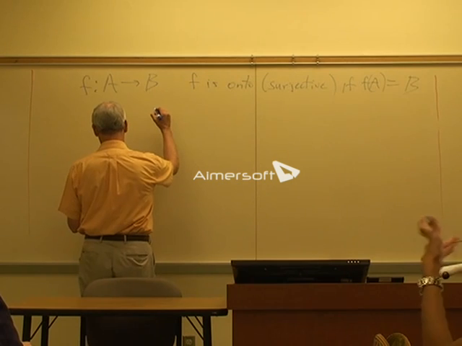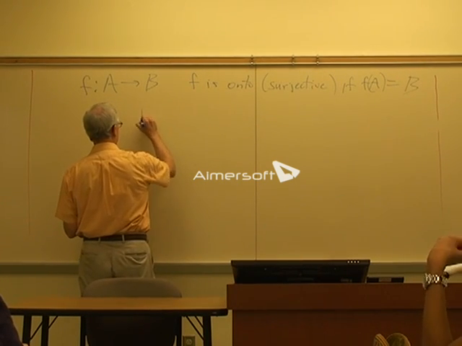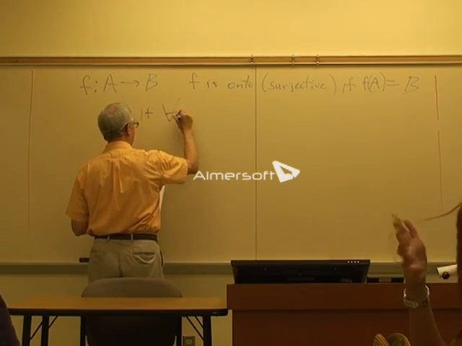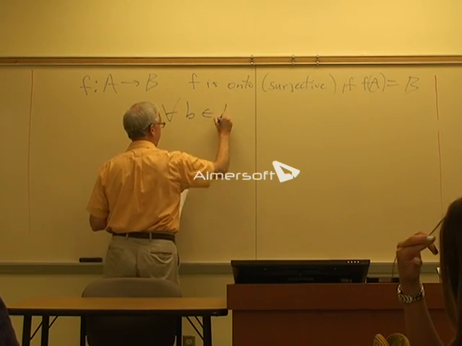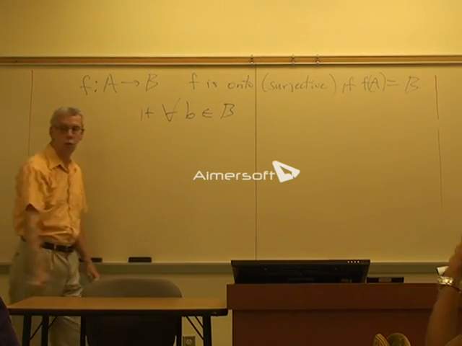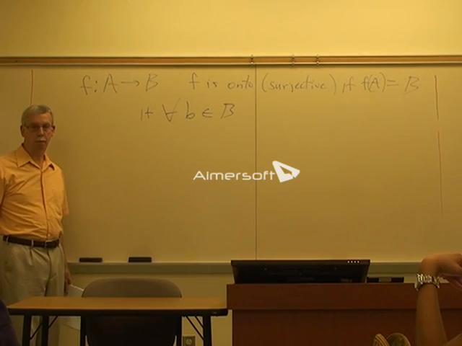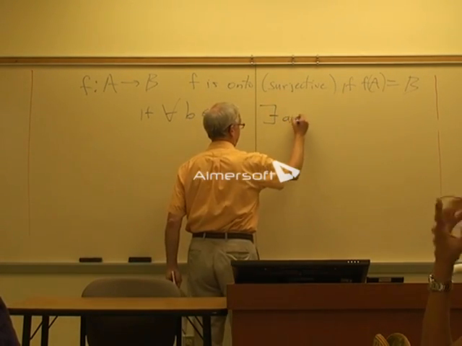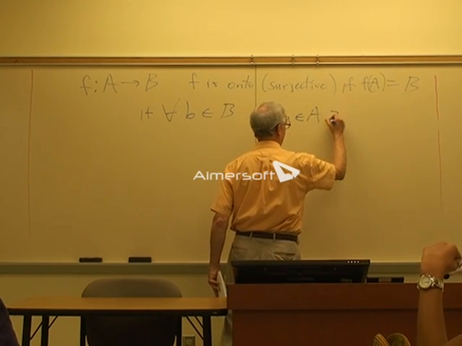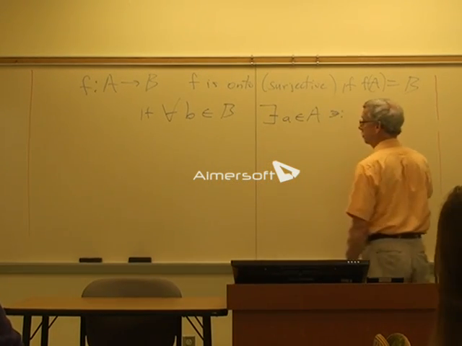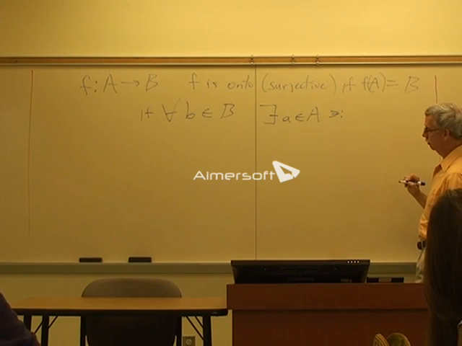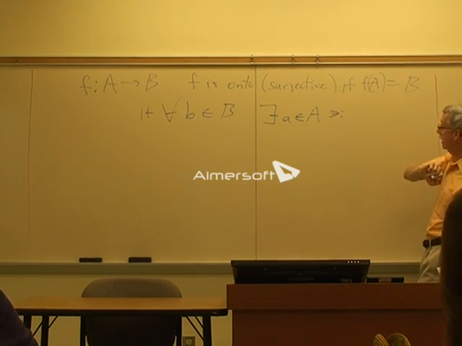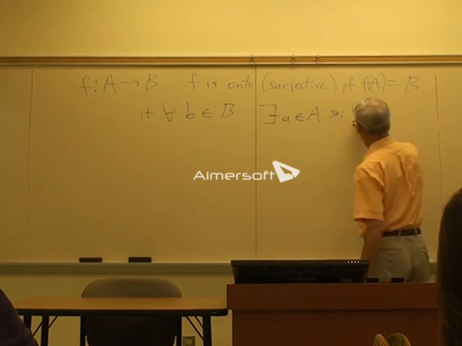So the more useful definition is if for every b in B, for every element in the codomain, what do you suppose? There exists an a in A. Perfect. Such that, using function notation, f of a equals b.